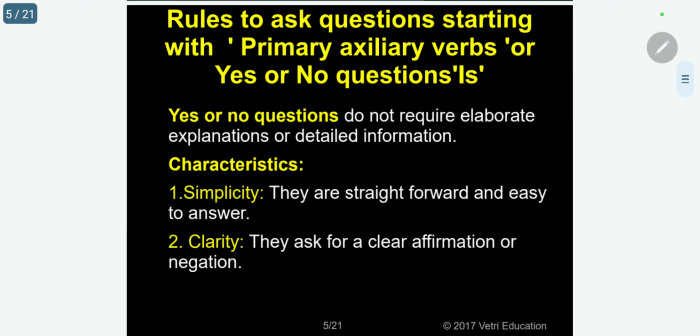Yes or no questions do not require elaborate explanations or detailed information. What are the characteristics? I will define them one by one. Number one, simplicity: they are straightforward and easy to answer. Number two, clarity: they ask for a clear affirmation or negation.